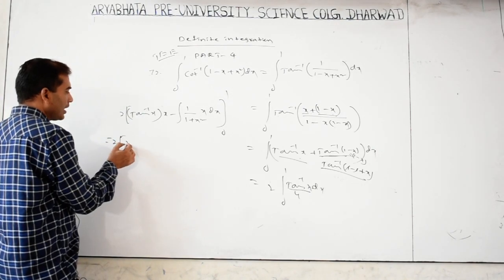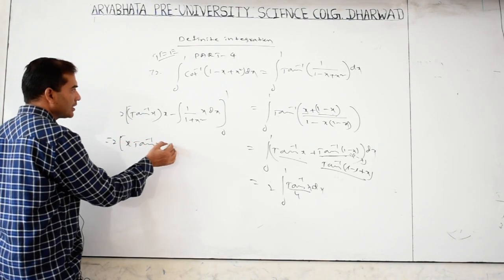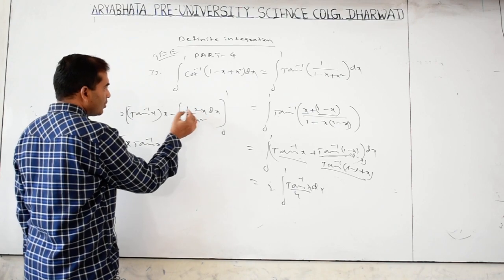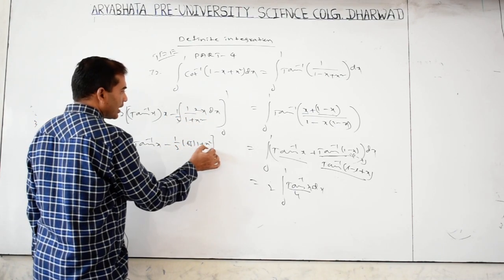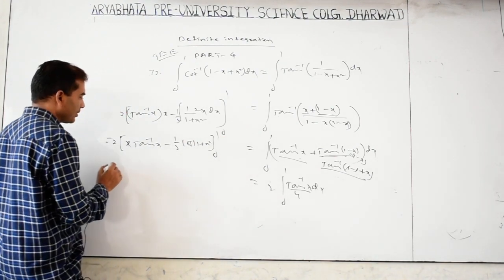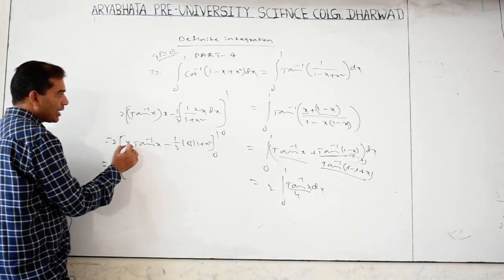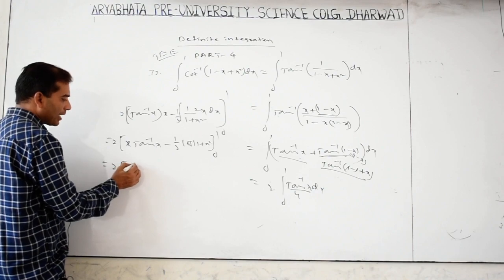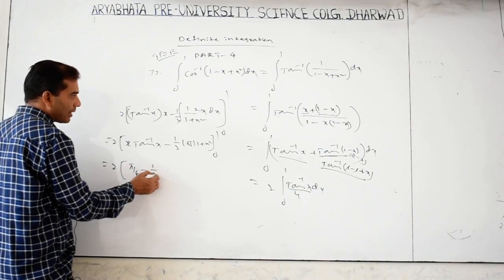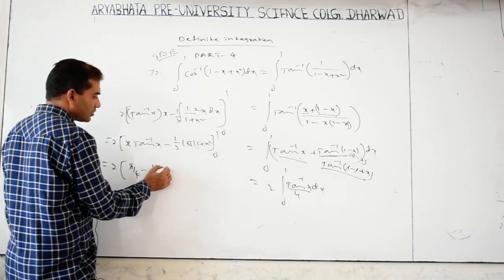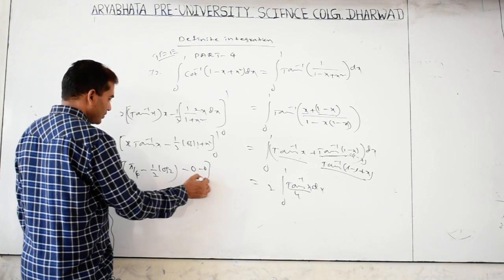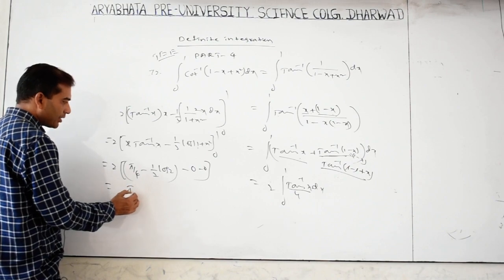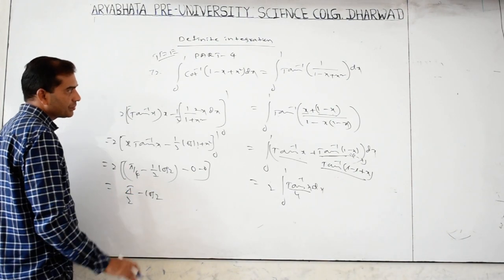So 2 into x into tan inverse of x, minus 2 into 1 by 2 log of 1 plus x square, limits 0 to 1. So 2 into, upper limit is 1 into tan inverse of 1, pi by 4, minus 1 by 2 log of 1 plus 1, 2, and lower limit is 0 and 0. So this is the answer: pi by 2 minus log 2.